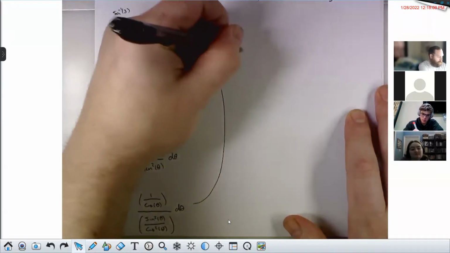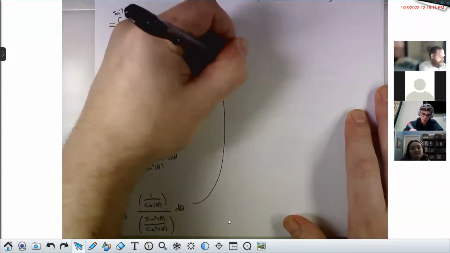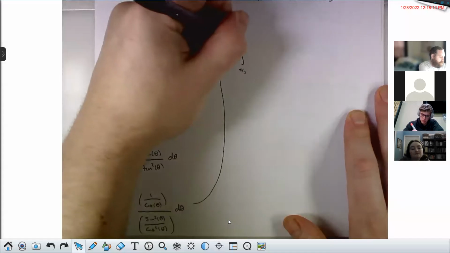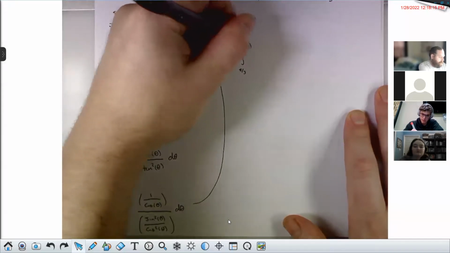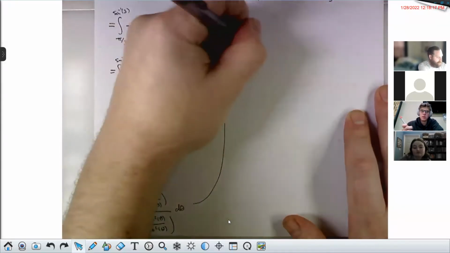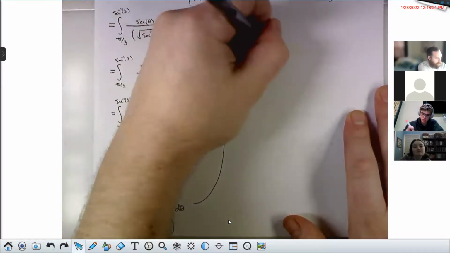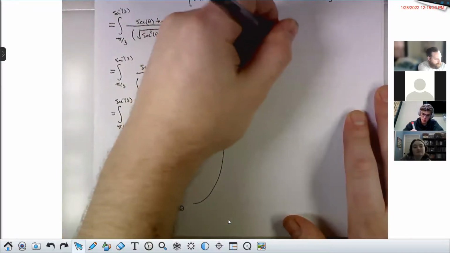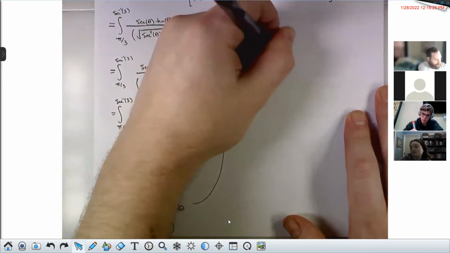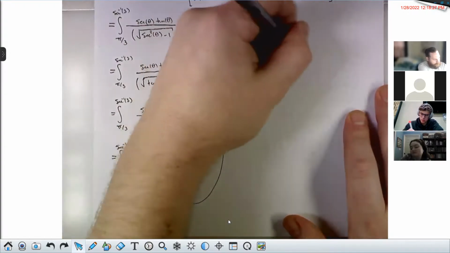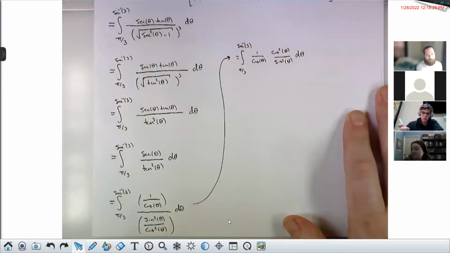So I get the integral from pi over 3 up to the inverse secant of 3, 1 over cos theta times cos squared theta over sine squared theta d theta.